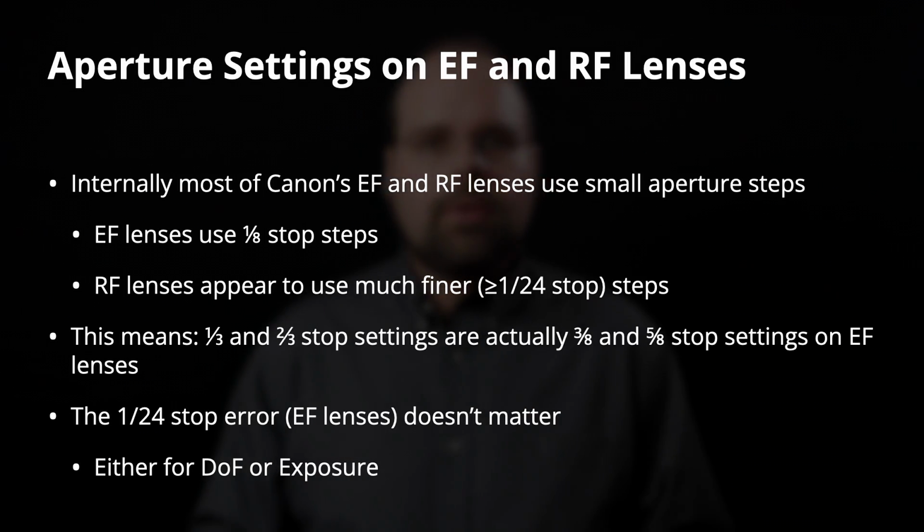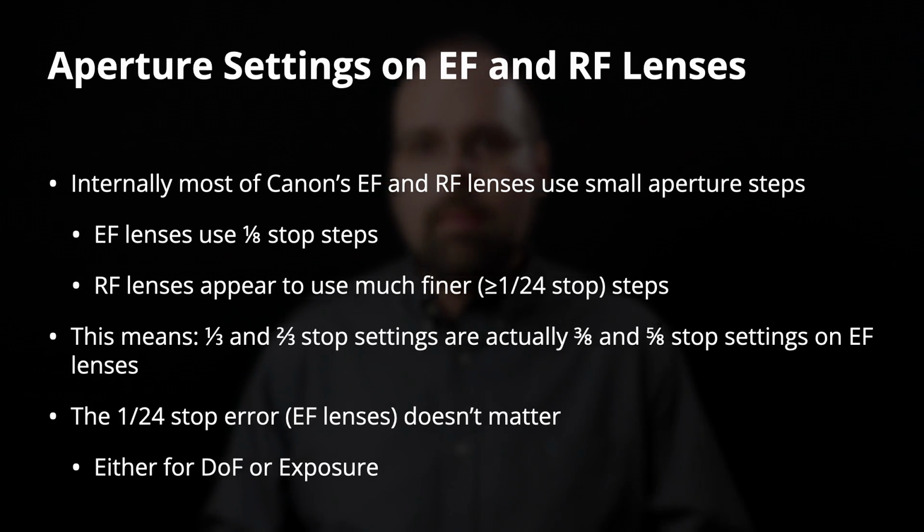So you're probably used to seeing a display on the camera in either 1/3 or 1/2 stop aperture increments. However, internally, the lenses use smaller steps. In the case of EF lenses, they use 1/8 stop steps, and in the case of RF lenses, they use much, much finer than 1/8 stop steps, somewhere in the range of a 24th or possibly even a 32nd of a stop.